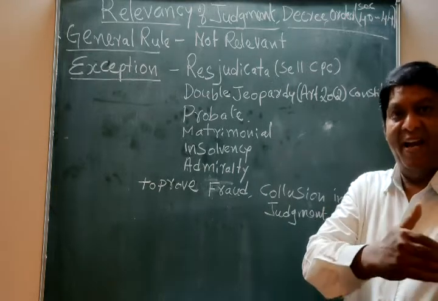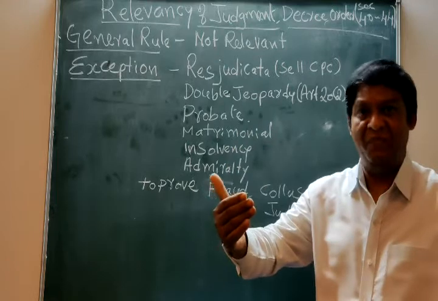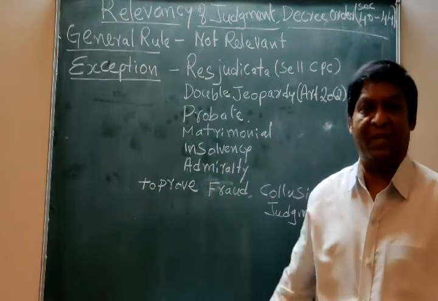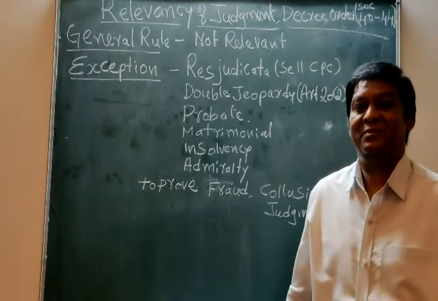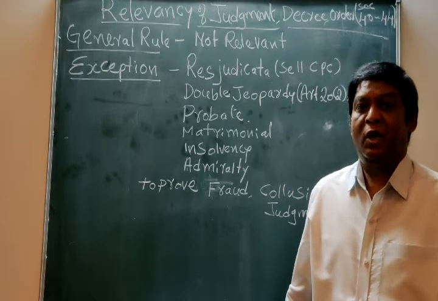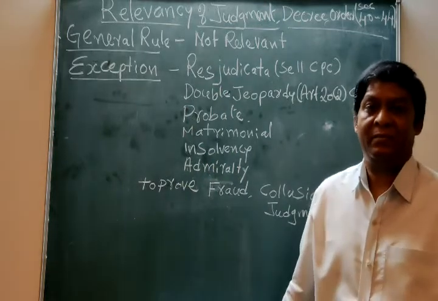Consider Mr. A has claimed, and the court has invited the objections, and the people have come with the objections, and the trial has been conducted. Lawyers have presented their evidences on both the sides.